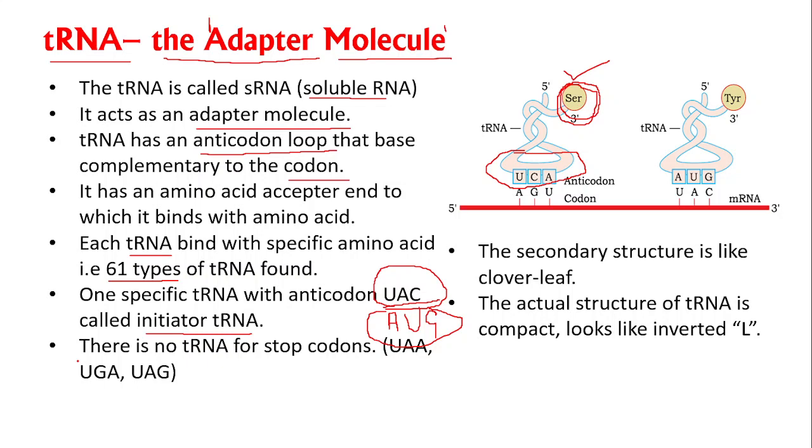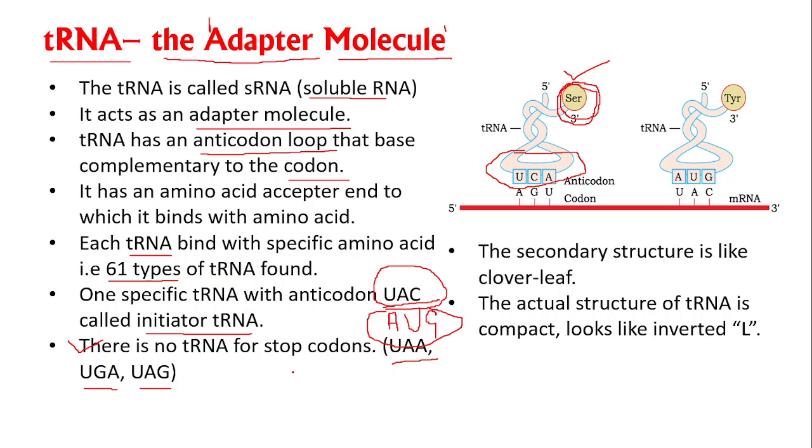Next one. There is no tRNA for stop codons. Very important point here. There are 3 stop codons, as you already know, that is UAA, UGA, UAG. And why these particular codons are called stop codons? Because they do not code for any of the amino acids.